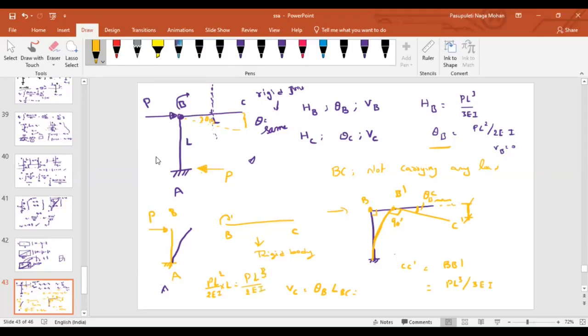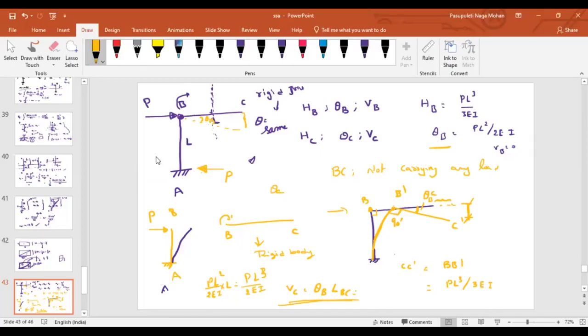Now, what will be my rotation at C? What will be my rotation at C? At point C. If you don't tell me the rotation at the point, that means you didn't understand this. Zero, sir. Is it a horizontal member or an inclined member?